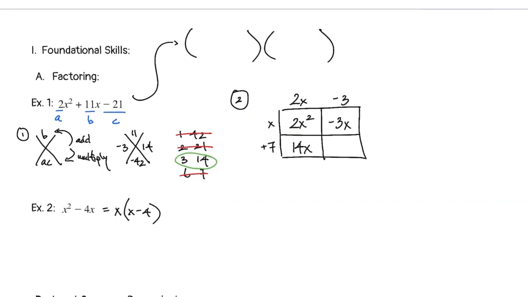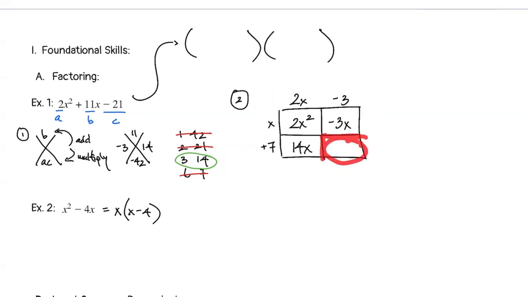Okay. So right now, what I'm suggesting is that the factors are 2x minus 3 times x plus 7. Meaning I would have 2x minus 3 and x plus 7. So how do you know if you did it correctly? Well, how long is this side? 7. How long is this side? -3.